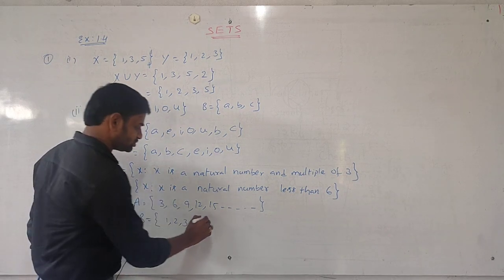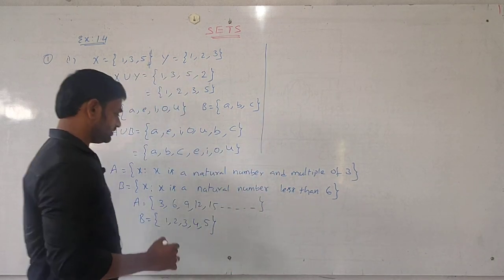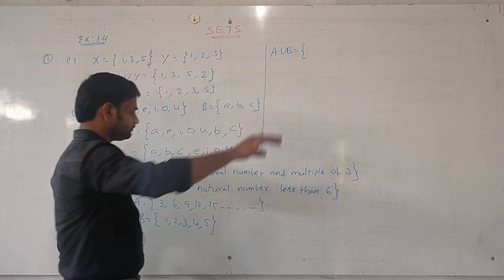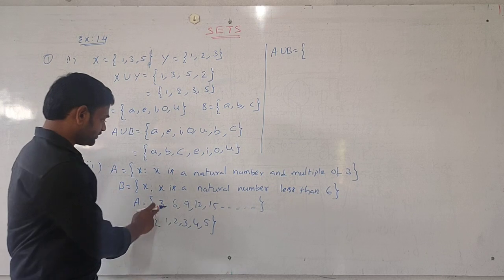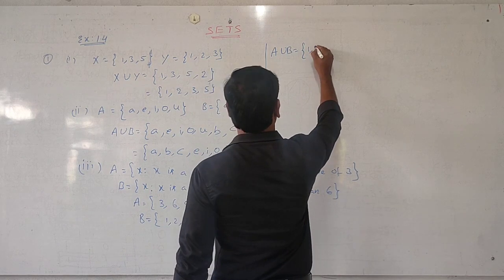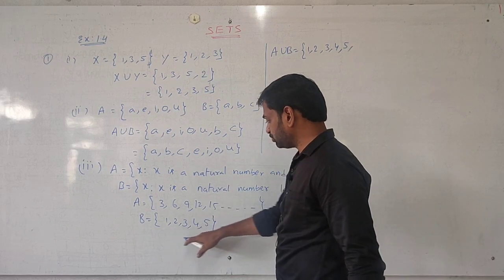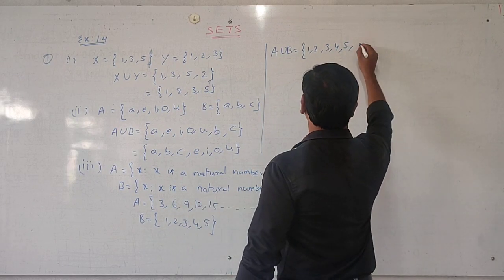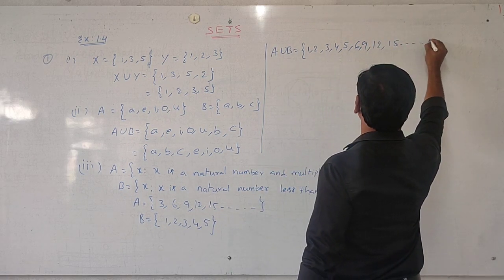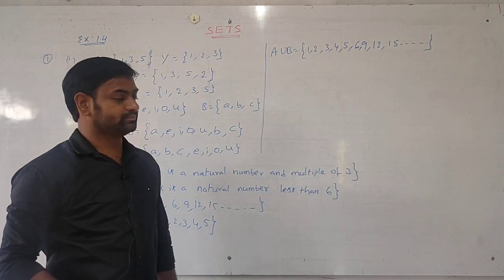Here only less than, so stop at 5. Now what is A union B? All the elements of A and B. So first I am starting with 1, 2, 3, 4, 5. Next I am starting with 6, 9, 12, 15 and so on. That is the union of A and B.